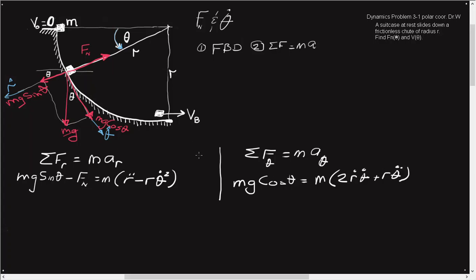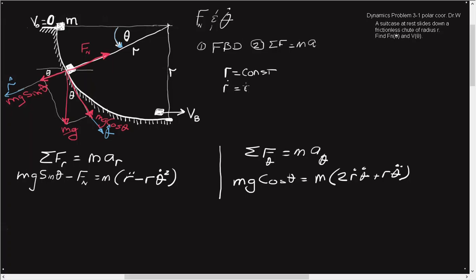Okay. Now, one simplification that we can make is if we assume that r is a constant, then r dot is 0 and r double dot is 0, which allows us to cross these off. So one of the things we're after is Fn.